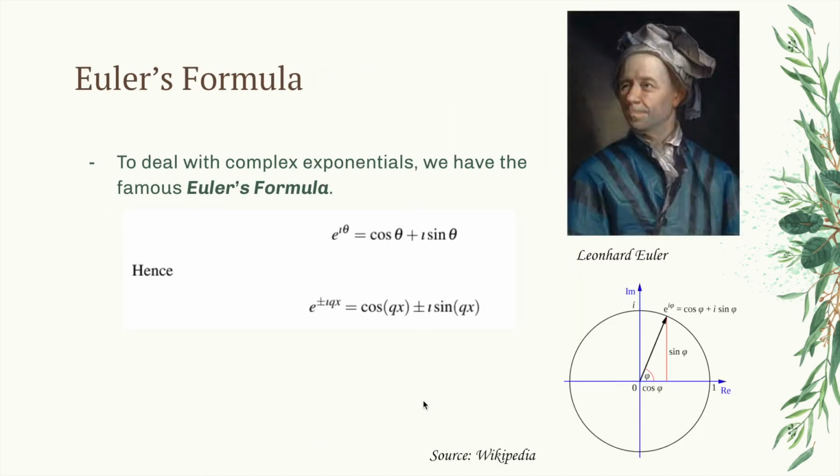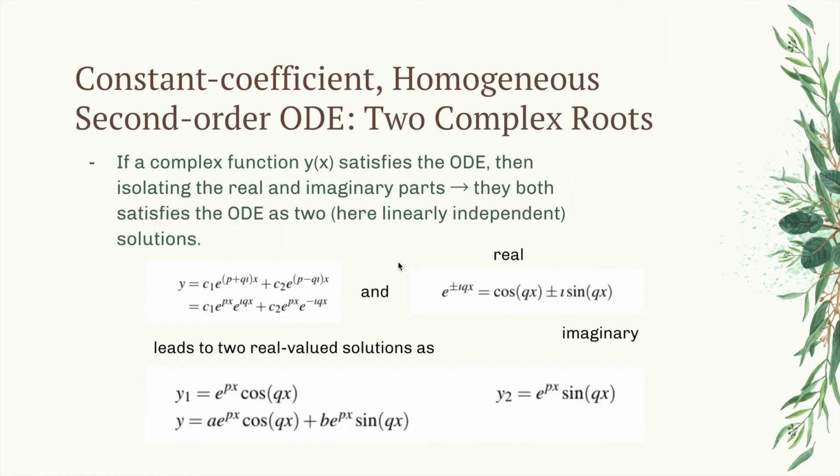However, since the original ODE starts with real coefficients, we would want to rewrite the solution in real quantities. To deal with complex exponentials, we use Euler's formula, where e to i theta is cosine theta plus i sine theta, and hence e to plus minus iqx is cosine qx plus minus i sine qx.